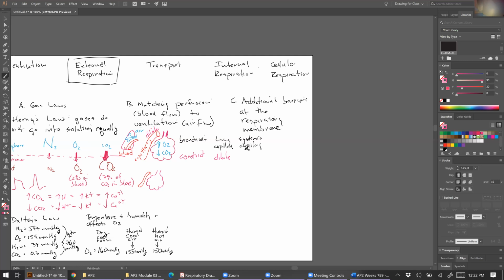But that's the opposite of what would happen out in the rest of the body. Out in the rest of the body, if you have lots of oxygen and you have low CO2, you don't want to send blood that way. And so don't waste blood. Don't waste blood on well-fed tissue. It sounds weird to say it that way, but it's true.